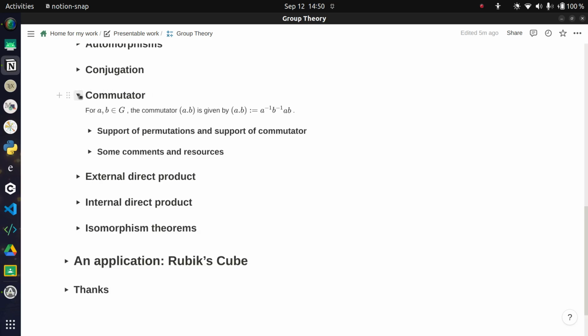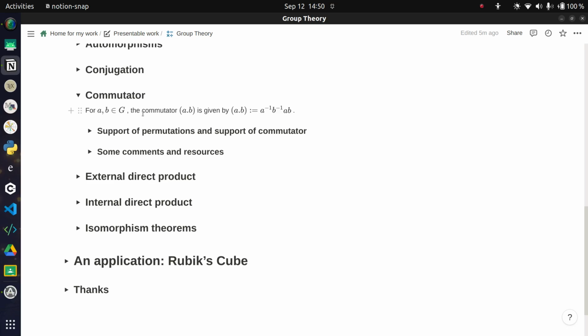Alright, cool. Next we go through this thing called commutators. A commutator is something that takes in two inputs, so you are taking two permutations A and B. It's not necessarily permutations, it could be in some other context as well. You still talk about commutators, but we'll be talking about it in permutations only.